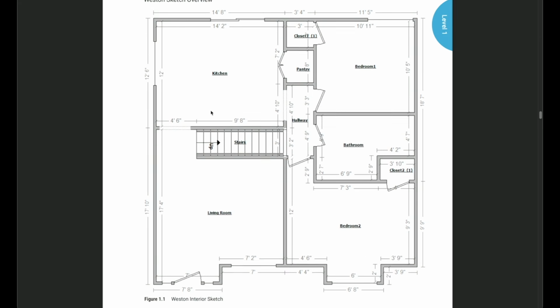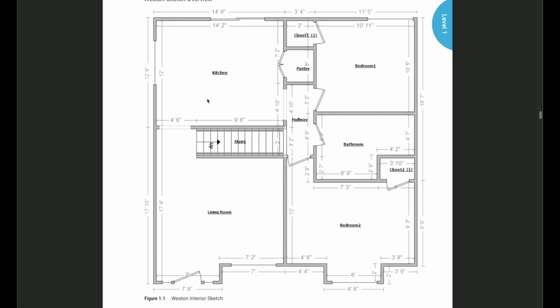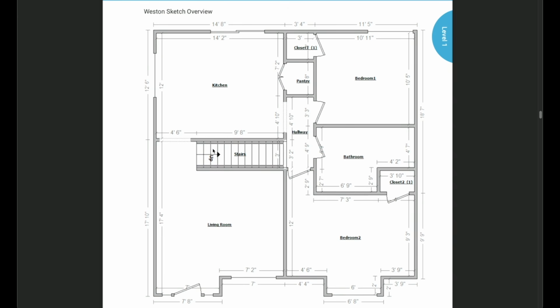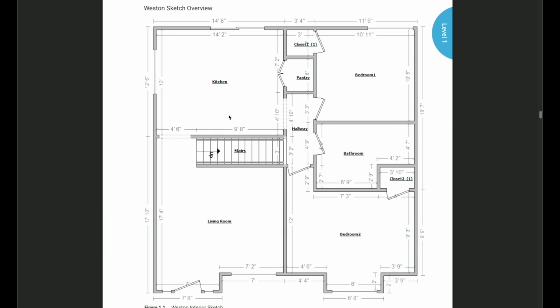So, I think starting in the upper left-hand corner in the kitchen is probably the best thing here. I'm going to go kind of clockwise on this. So I'll start at the kitchen and then go to the bedroom and then go to the bathroom, the second bedroom, the living room.